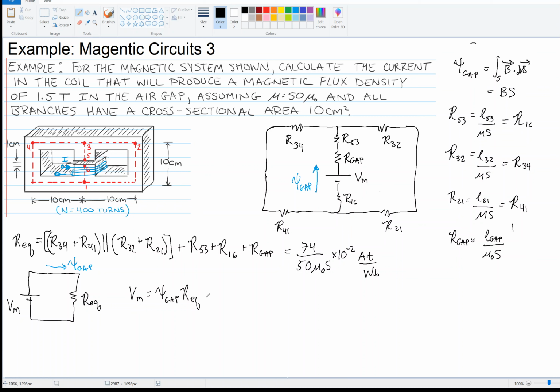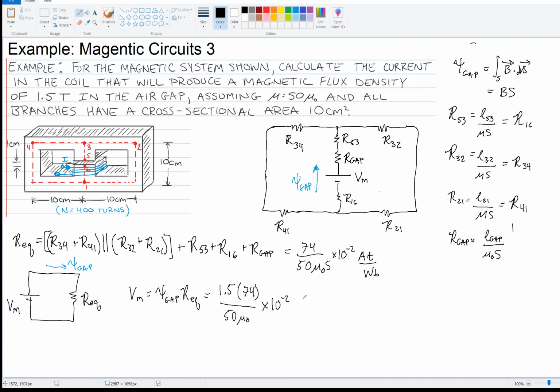And so this would be 1.5, right? That's B times S. And then this would be 74 over 50 mu 0 times 10 to the minus second.